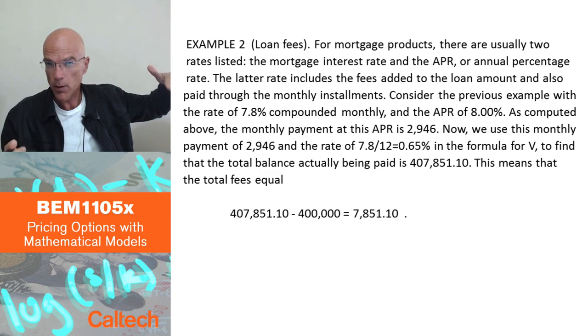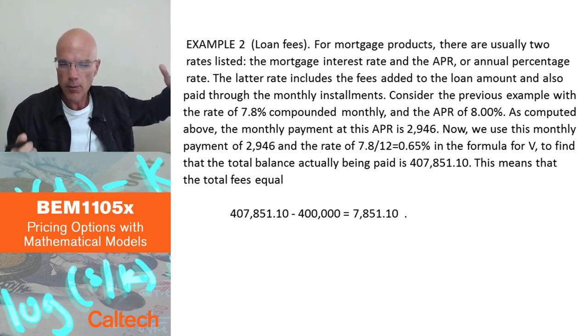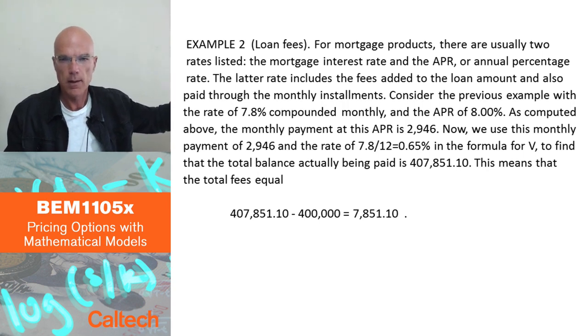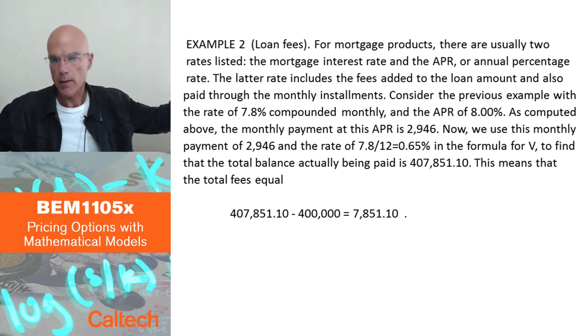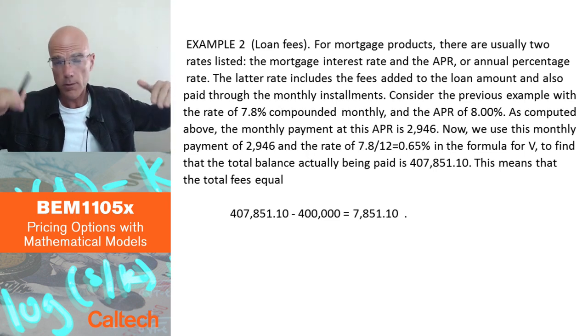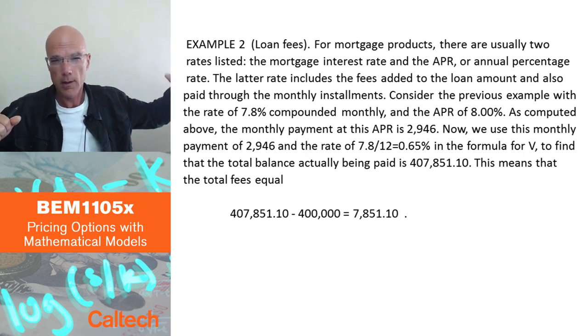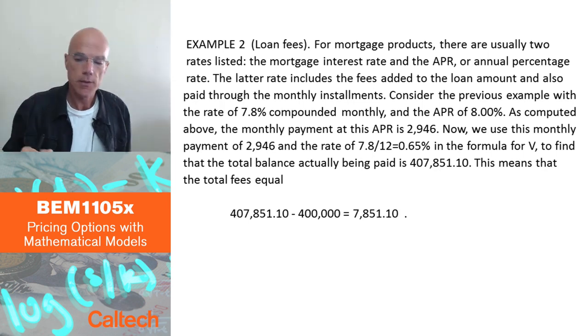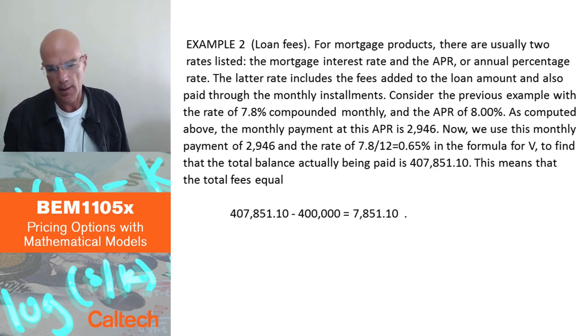It's equivalent to paying a loan of 400,000 without fees, but with the rate 8%. You look for the rate which is equivalent to paying 400,000 plus fees at 7.8%, or 400,000 without fees at 8%. So this is what the APR is.